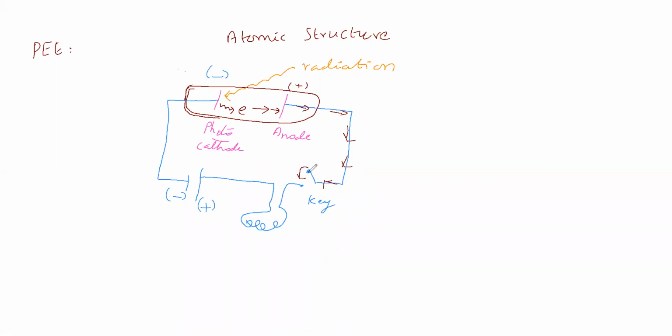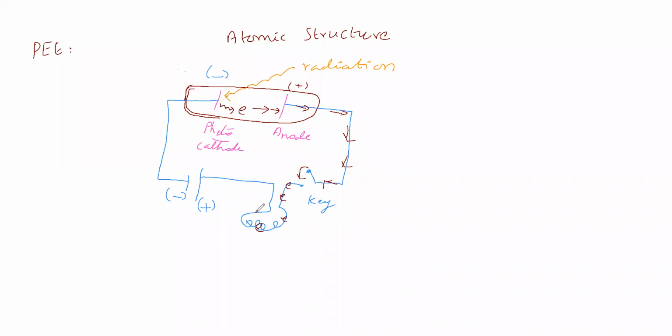Let us switch on the key. What happens is those electrons come like this. The electron has kinetic energy that it gets from the radiation. That kinetic energy is converted into light energy.